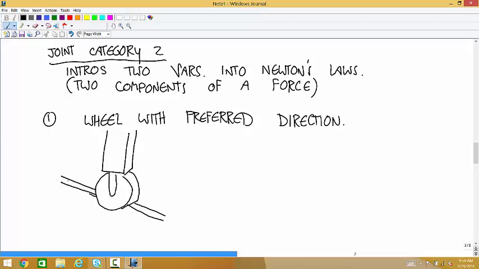Okay, so the wheel can roll along this track, but friction prevents it from moving perpendicular to that track. So let's think about what motions are allowed and what motions aren't allowed. Remember, that's always the way to figure out what loads a joint applies to a body.